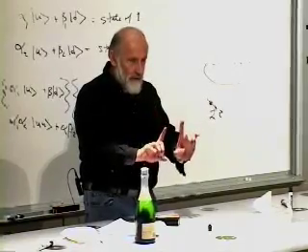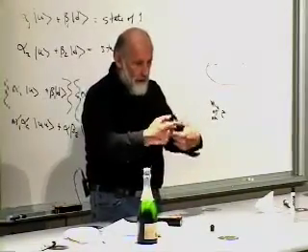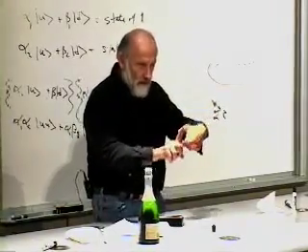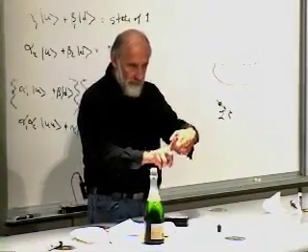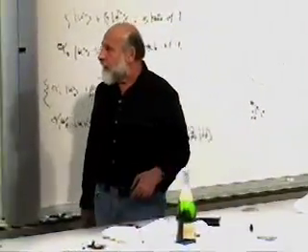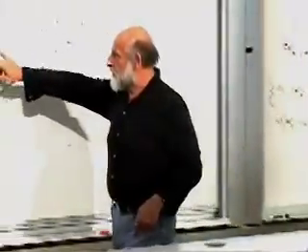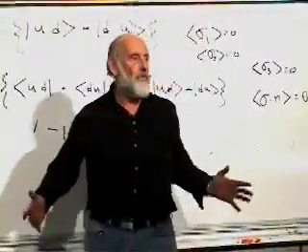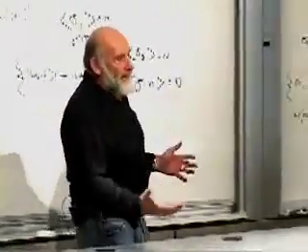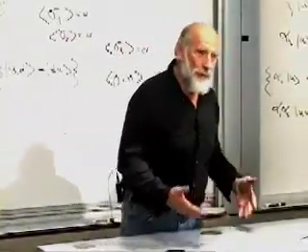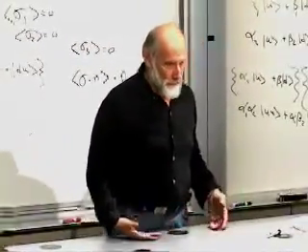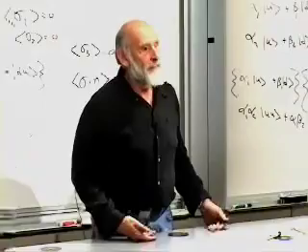So what will happen is it'll emit a photon and come out with opposite polarization. It's really just using one electron as the magnet which polarizes the other electron.